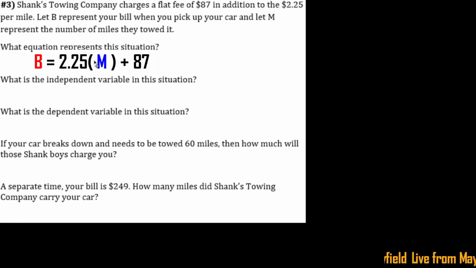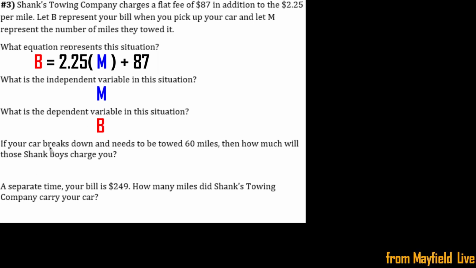So that would mean if we didn't have to tow it any miles, but we do have to get it moved, it would be 0 miles, but it would still cost $87 regardless. So our independent variable in the situation, again, in the place of where x would be, is M as in miles, and then our dependent variable would be B for the total bill.